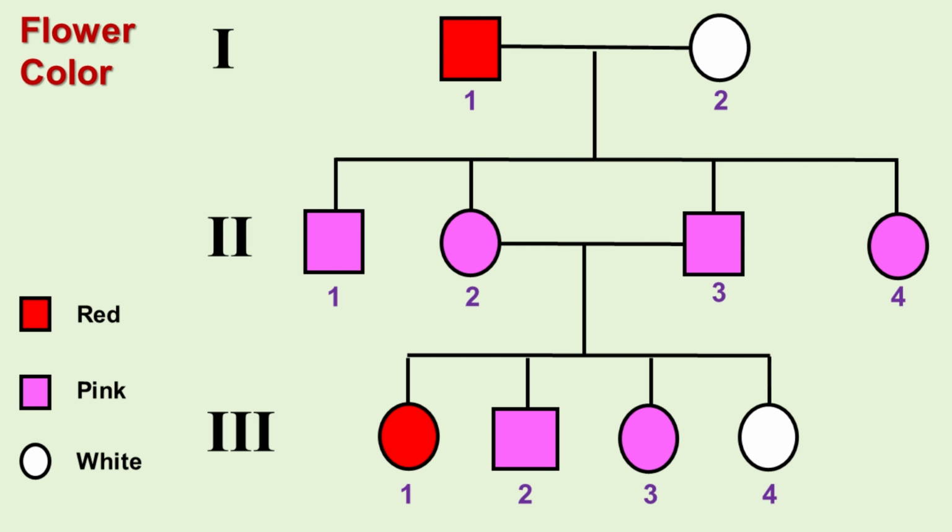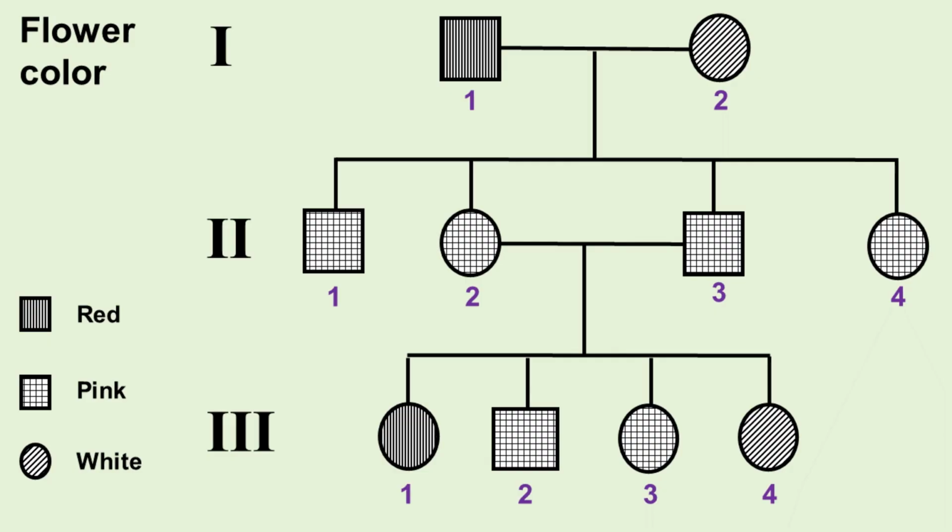You might say, what if colored pencils were not available at the moment? Again, no problem. Just use different types of patterns for each phenotype, but never forget to give the instructions or guidance just as I did here. And of course, you will never run out of patterns, I guarantee.